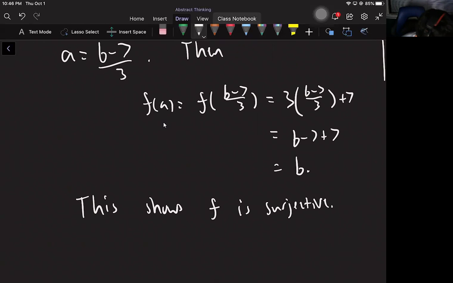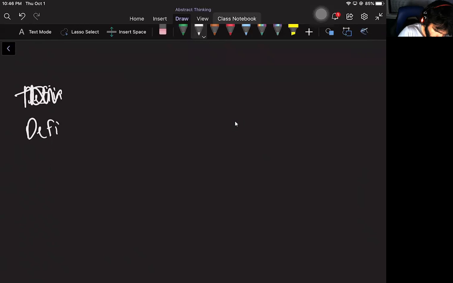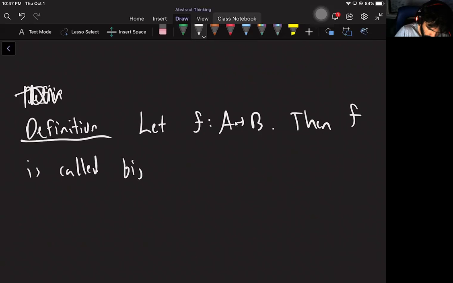So now, the last definition is sort of the easiest because it's just a combination of the previous two. So if your function is especially nice, it'll be both injective and surjective. So then f in that situation is called bijective.